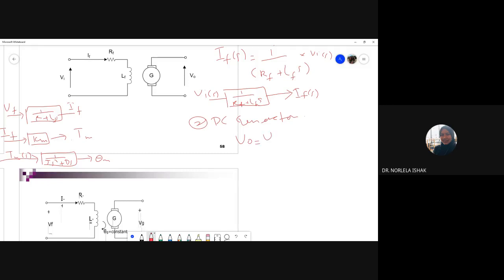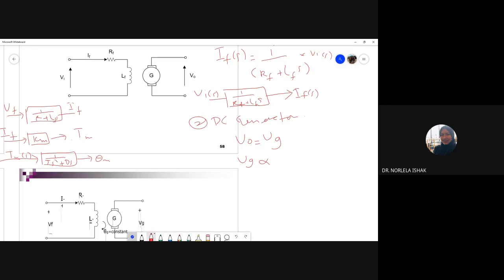V0 is the same as V generator. So let's say we put V generator. Proportional with what? Our output reflects what? Our generator receives what from the system before it, to operate?